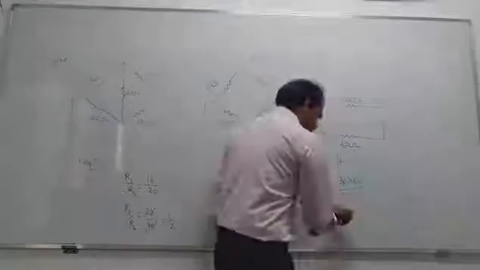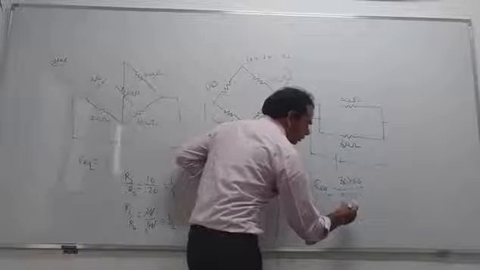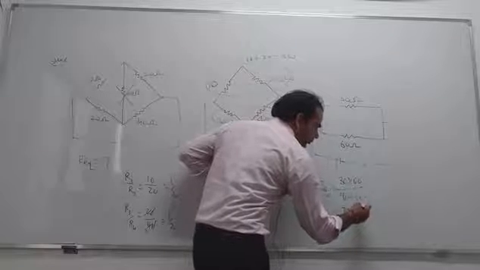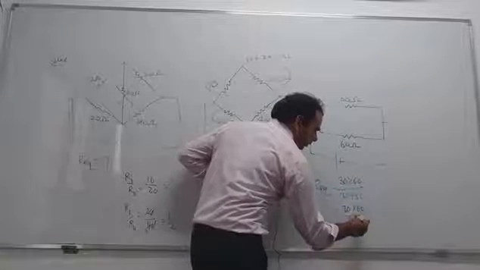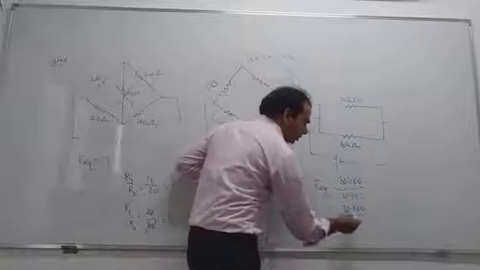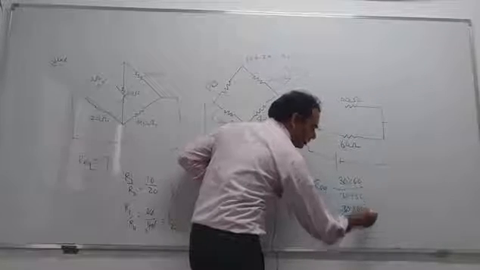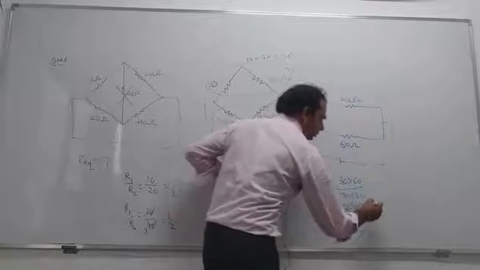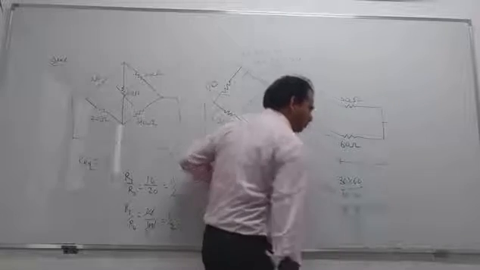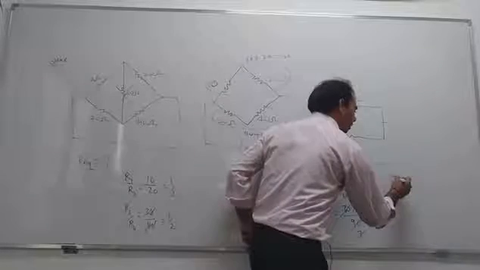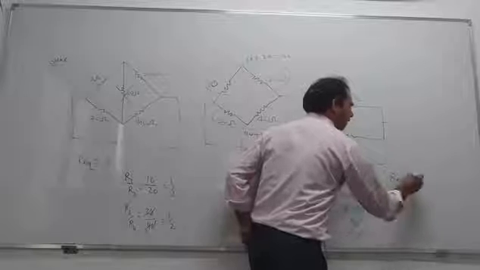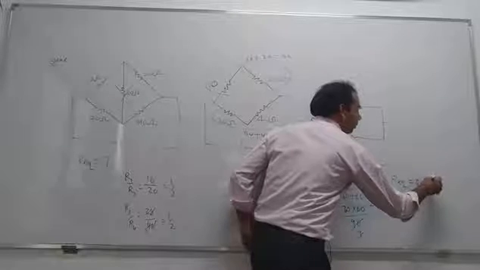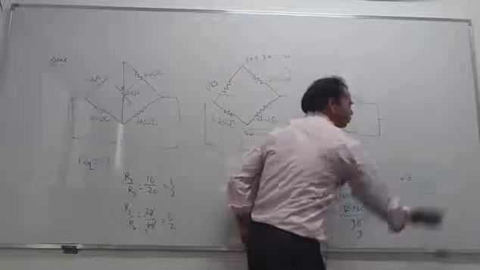Now this is 30 multiplied by 60 upon 90. This 30 cancels 3 times, this cancels 20 times. So the R equivalent of the circuit is 20 ohm.